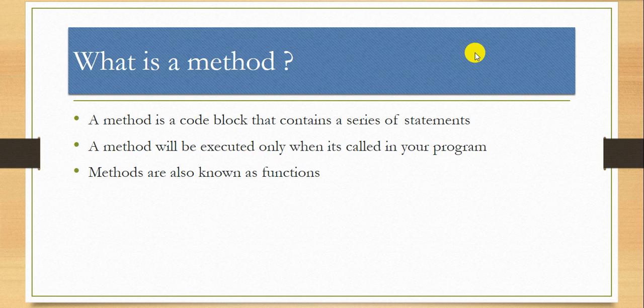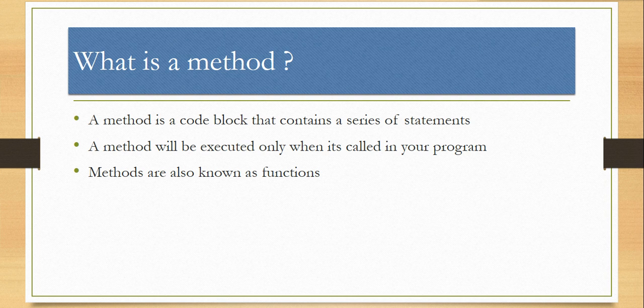Next, I'm going to talk about what is a method. Basically, a method is a code block that contains a series of statements. A method will only be executed when it's called in your program. So normally people create an object of the class inside which the method is there.